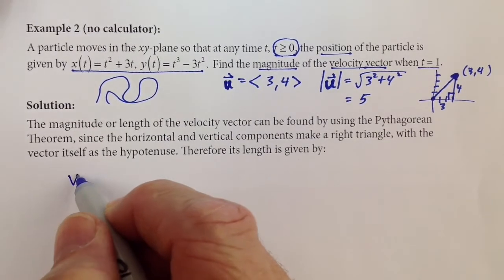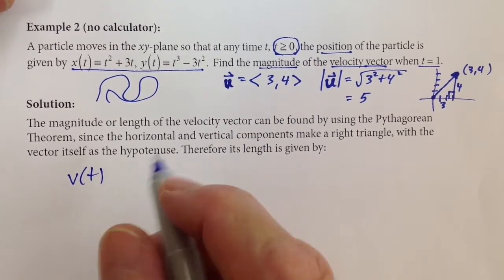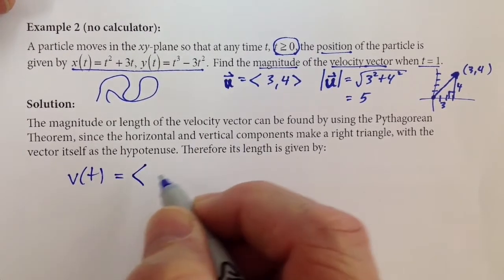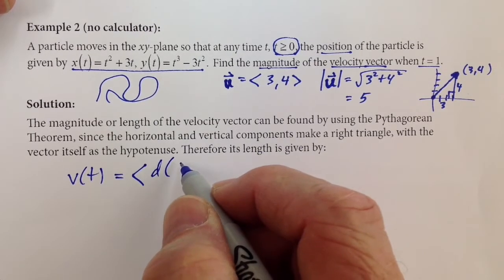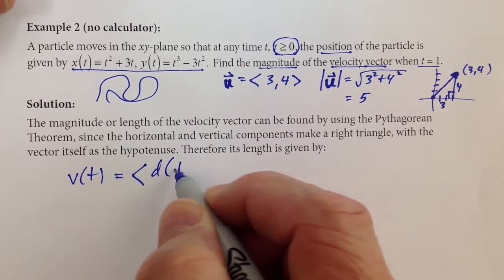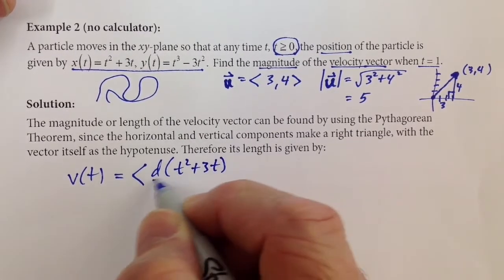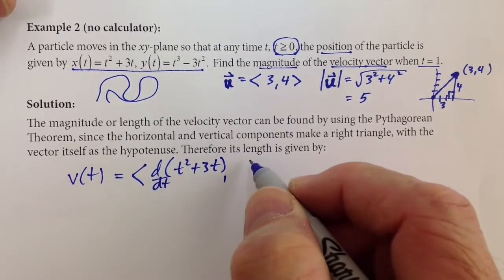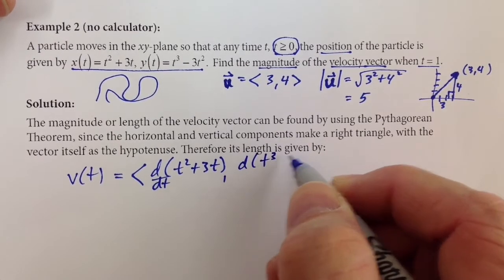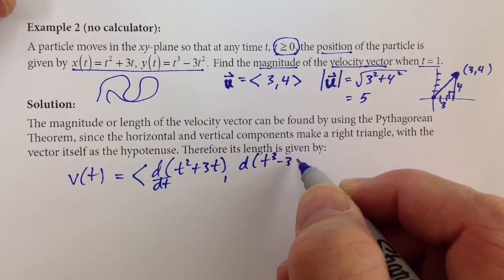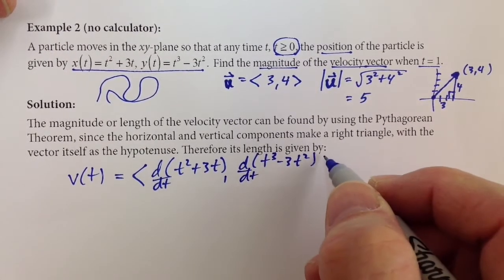Let's actually write out the velocity vector down here. The velocity vector is the vector of the derivative of the x position, or the position in the x direction, with respect to t, followed by the derivative of the y position with respect to t.